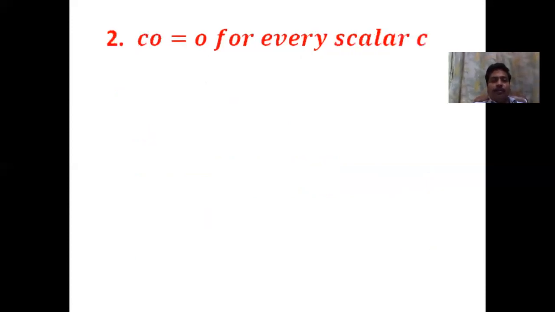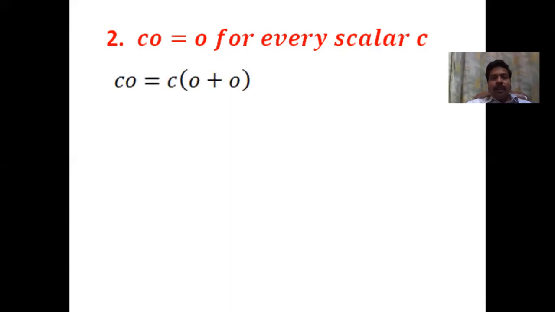Now this is the second one: cO is equal to O for every scalar c. Here O is the 0 vector of our vector space. We are in the vector space V, which is not repeated every time.